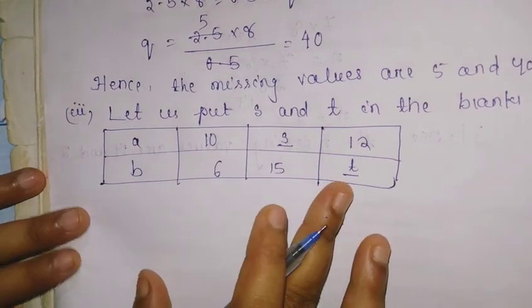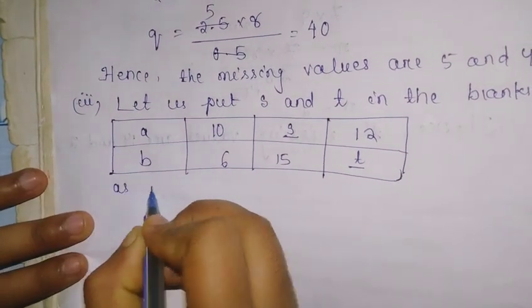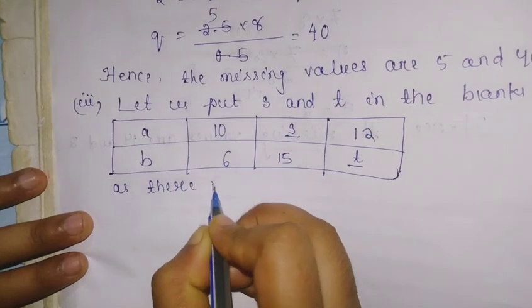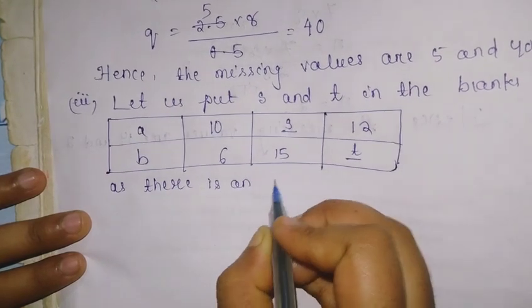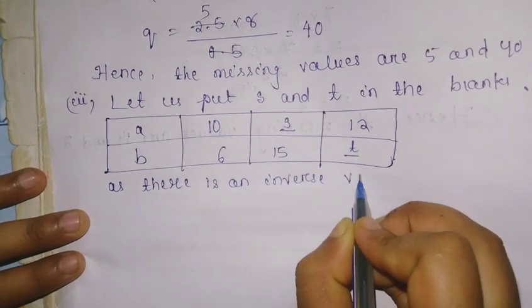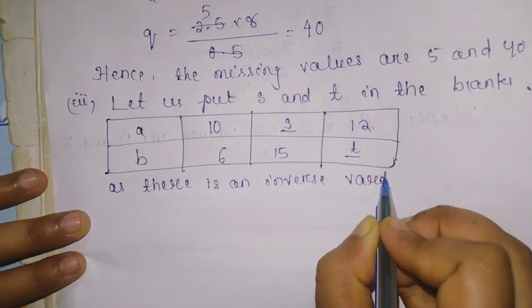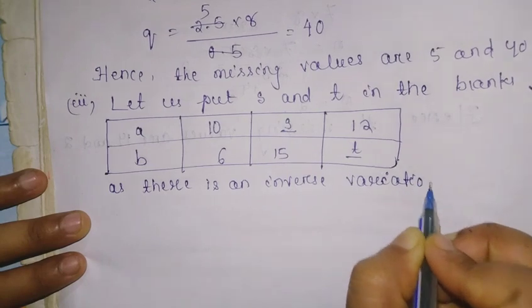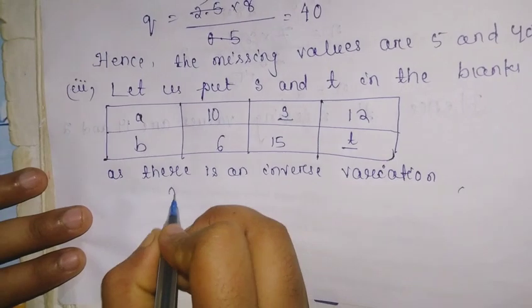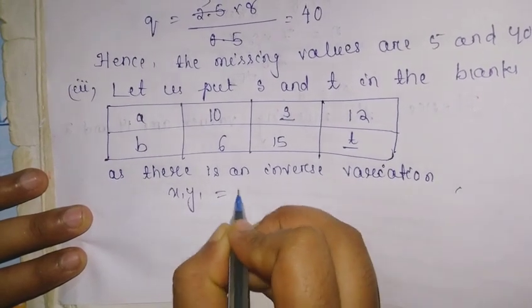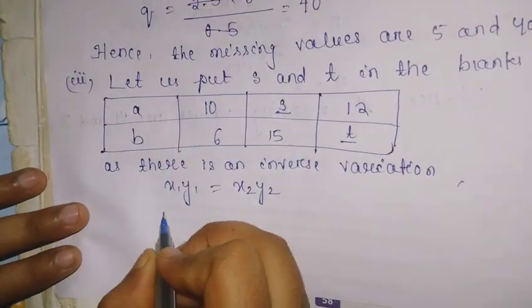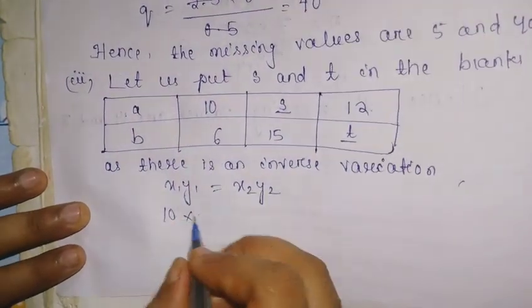As there is an inverse variation, we put the formula x1 into y1, then x2 into y2. x1 is 10 into y1 is 6.